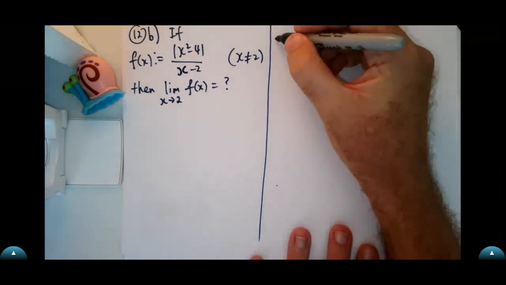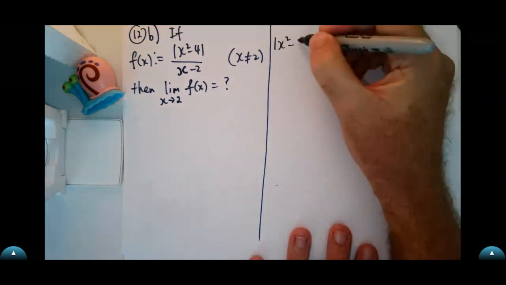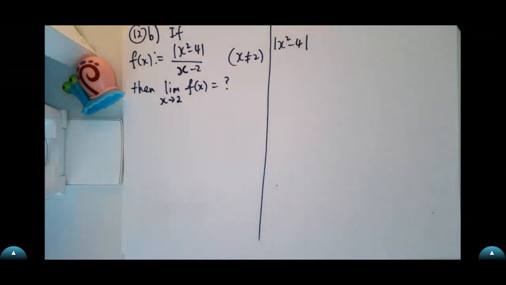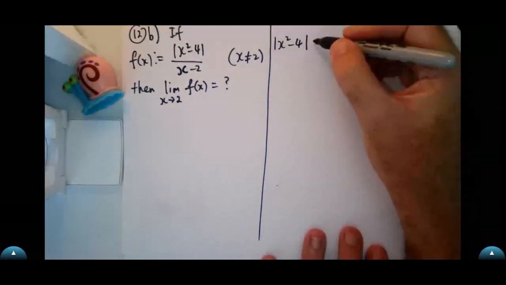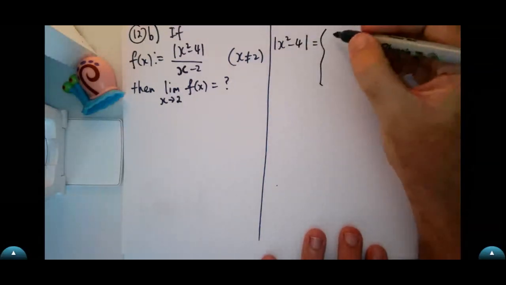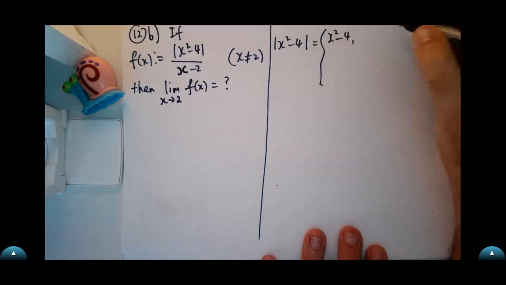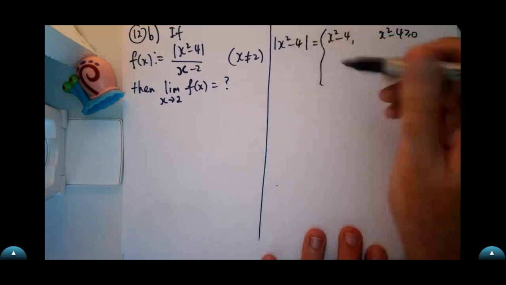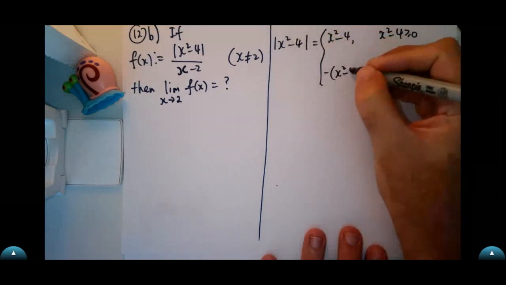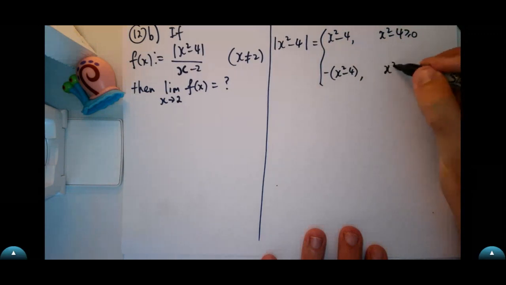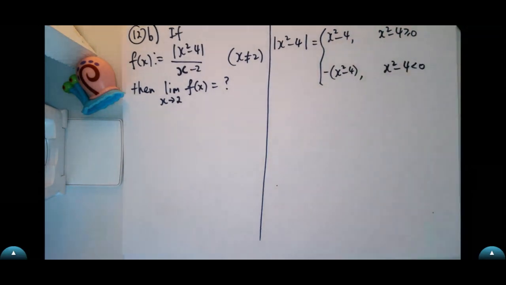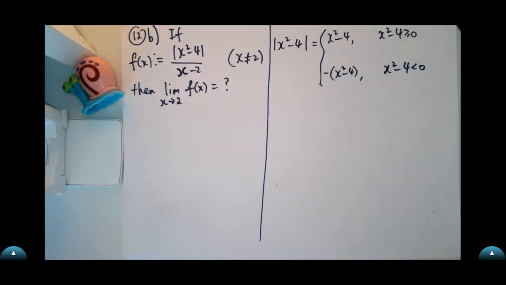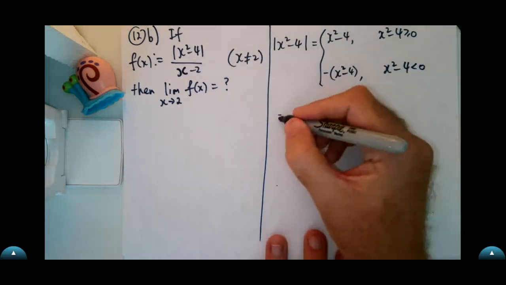Okay, so if I move over here, I know with the absolute value that this thing is itself when the thing inside is greater than or equal to 0, and it's negative of what's inside the absolute value signs when the thing inside is negative. Okay, so all we really need to do is solve this, and then we've got two parts of our function.